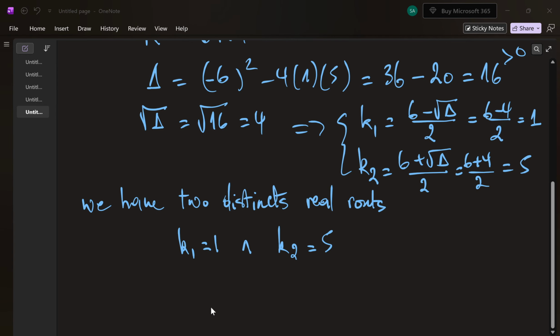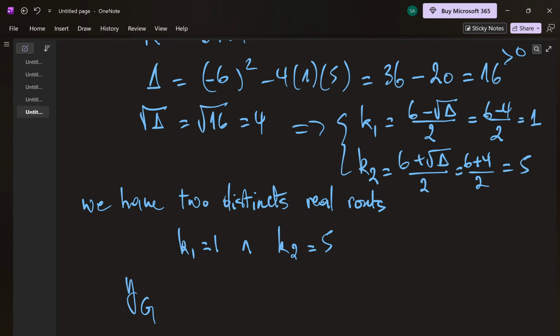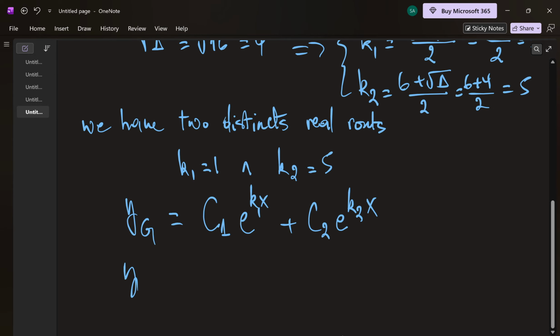So what is the solution now? You have all the information. Can you answer please? So the solution is simply the general solution yg is constant c1 times exponential of the first solution, k1x, plus c2 exponential k2x.